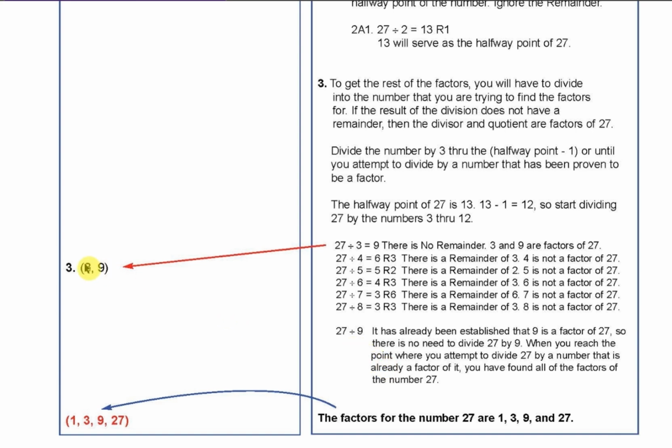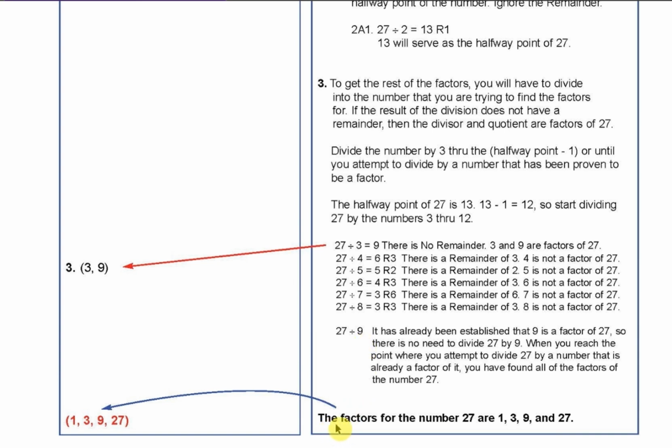As you see here, 9 has already been shown to be a factor of 27. Therefore, we do not need to divide 27 by 9 or any other higher number. We have found all of the factors for the number 27.